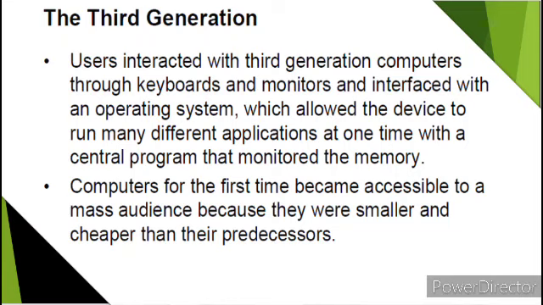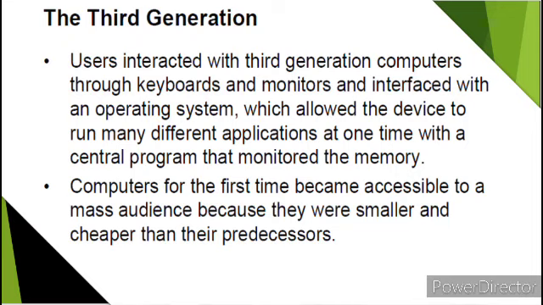The users interacted with third generation computers through keyboards and monitors and interfaced with an operating system, which allowed the device to run many different applications at one time with a central program that monitored the memory.